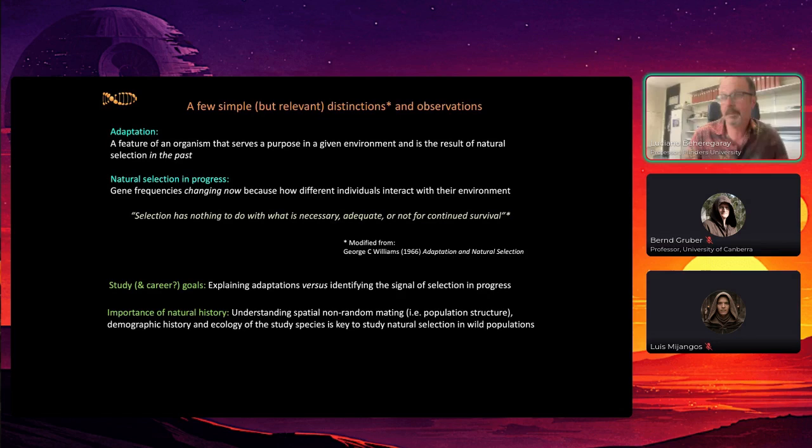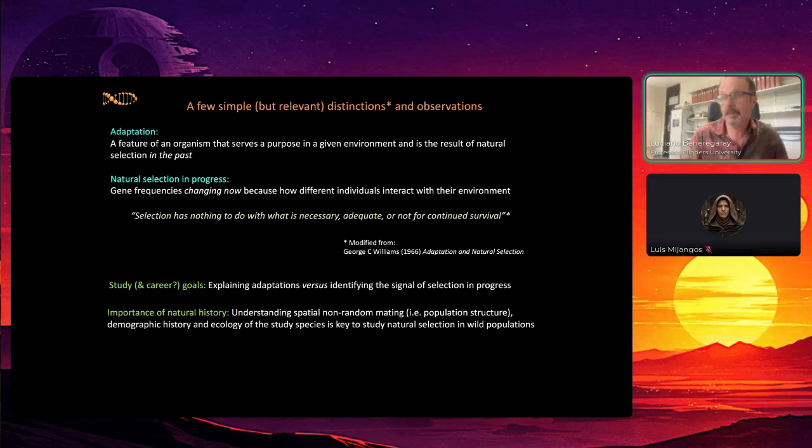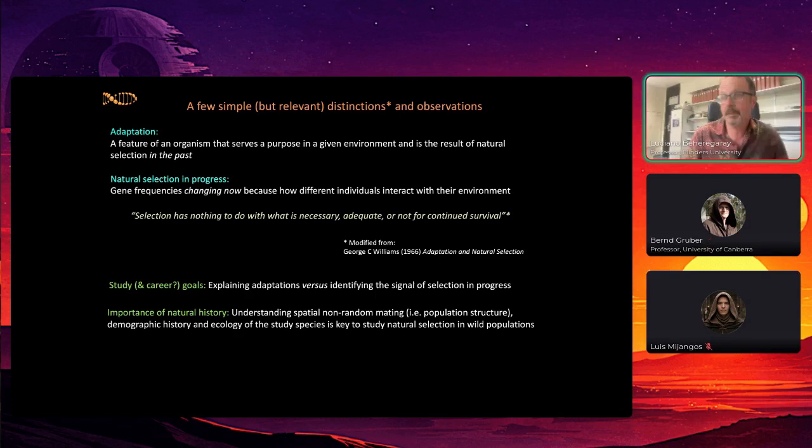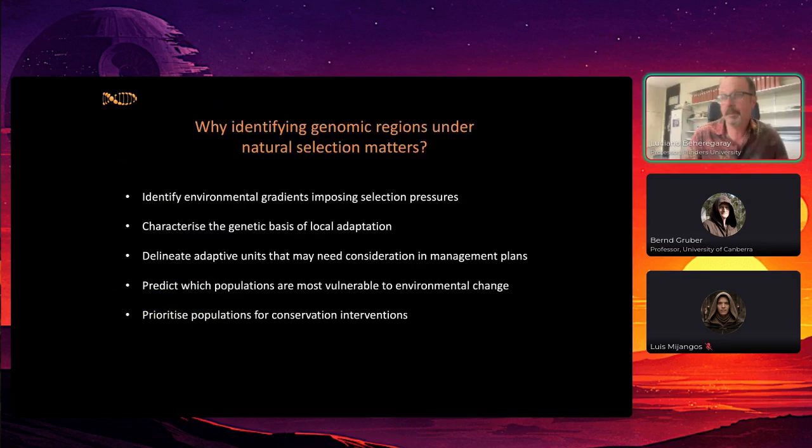And for some systems out there, we know very little about their ecology and natural history. And that can be a challenge. So I just wanted to set up these distinctions and this kind of, in many ways, romantic scene to understand adaptation, which is looking at natural history as the source of our hypotheses. And I think it will become more clear as I move on why this is important.